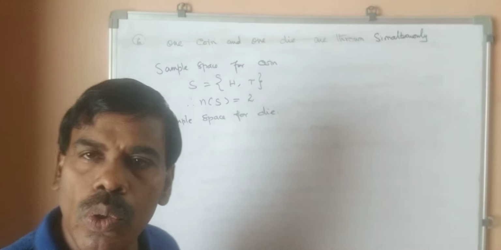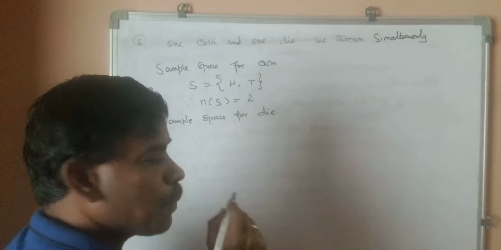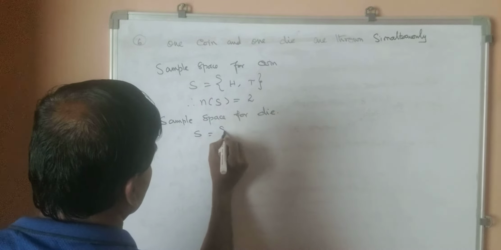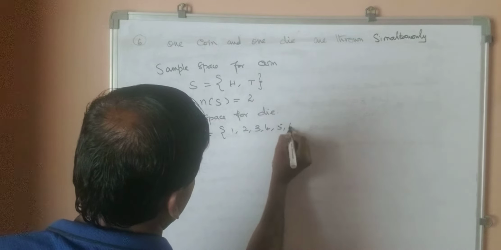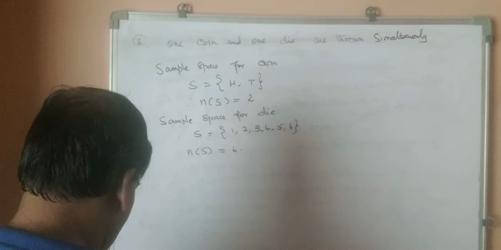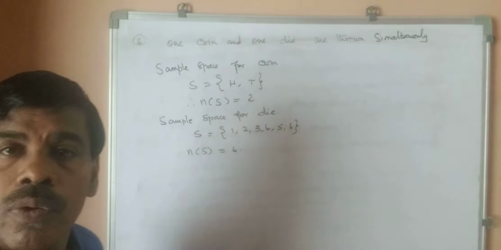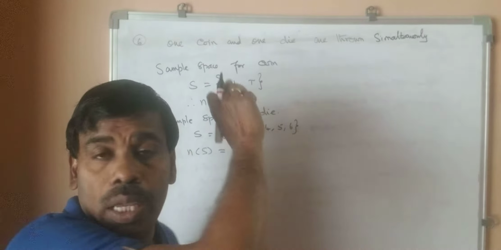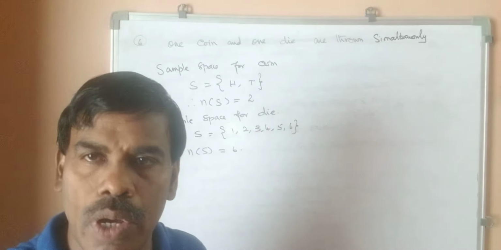When you roll a die, what you will get? You will get 6 possibilities. 1, 2, 3, 4, 5 and 6. So, what is the sample space? 6. Now, here this is individual events. You are simply tossing a coin and after that you are rolling a die.